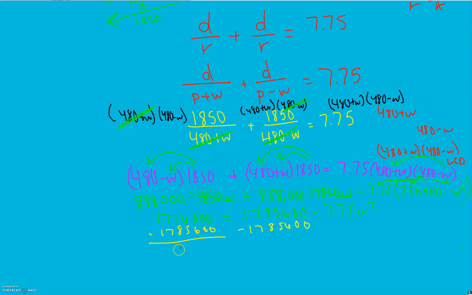And I get negative 9600 equals negative 7.75 W squared. Go ahead and divide by negative 7.75.